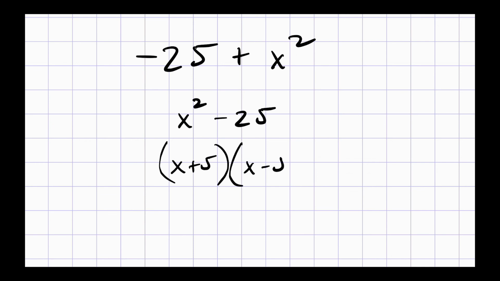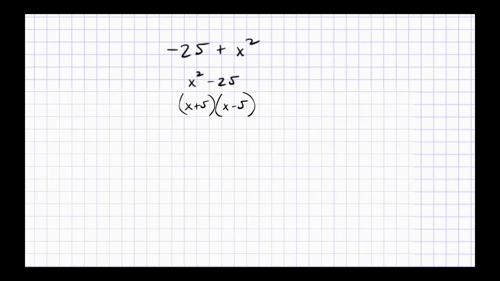Okay, so let me show you like this. What was the one I was saying? Oh, here we go. How about this? 25 minus x squared. If you're not looking up here, you might think this is way too easy.